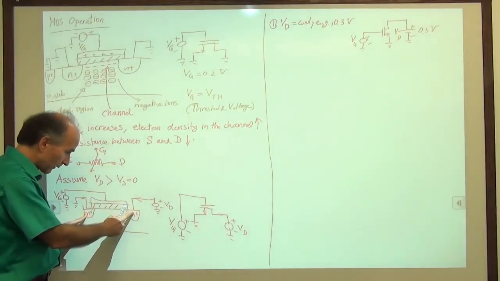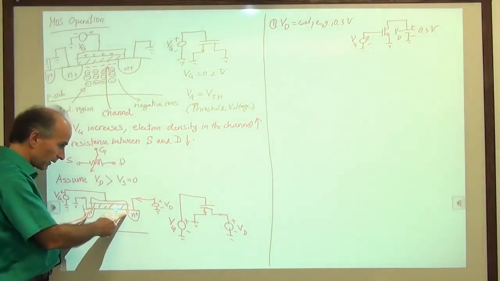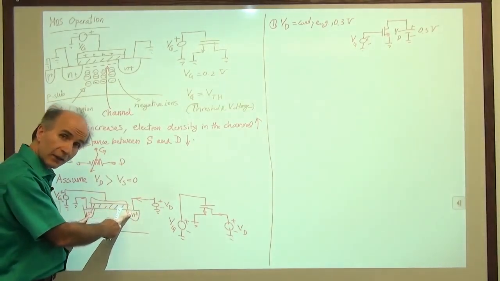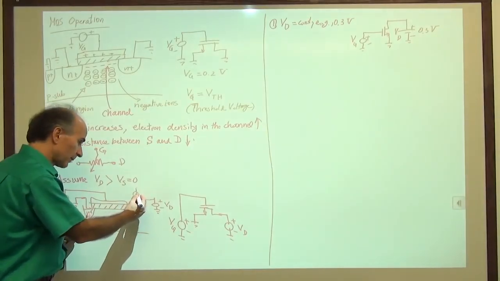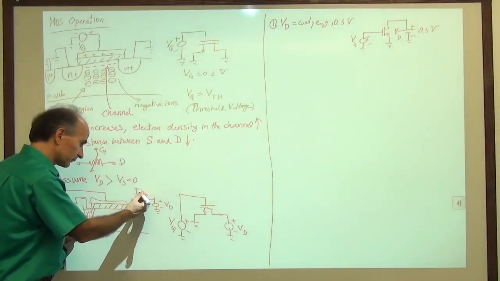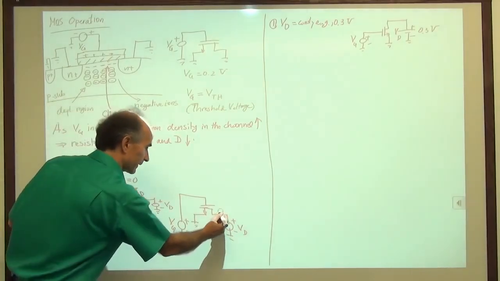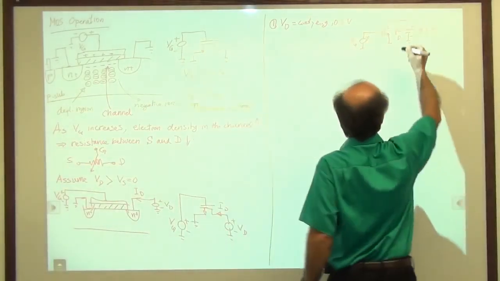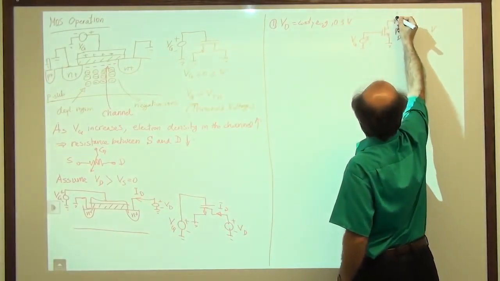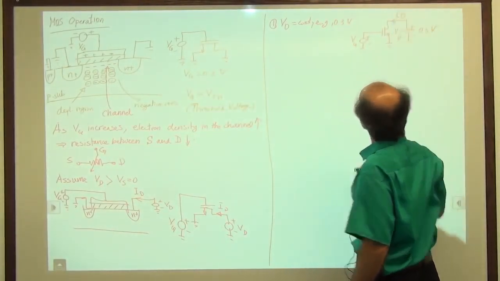And that's the current that flows here. It flows through this. We'll call this the drain current because it goes through the drain terminal. So we will denote this by ID. So this is ID. And this is ID. This is called the drain current.